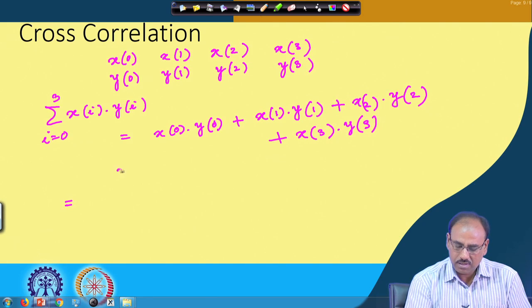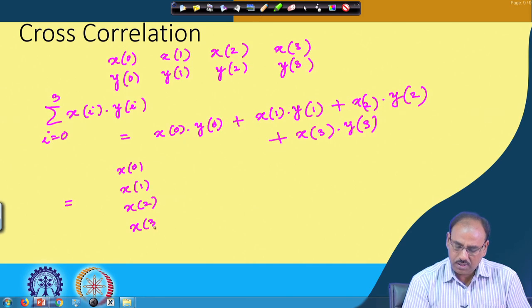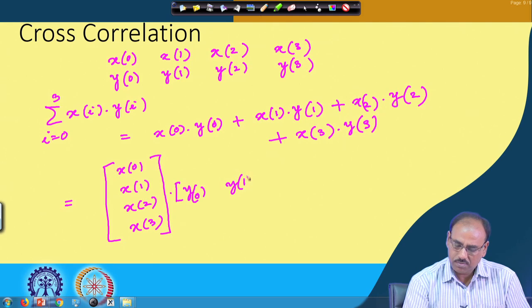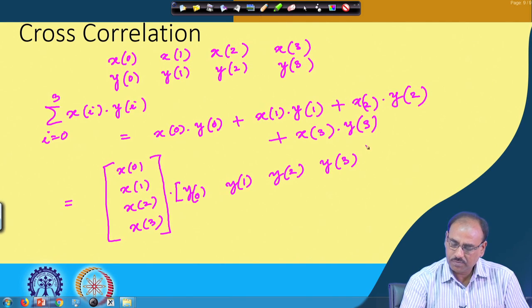This is x0, x1, x2, x3, in the form of a vector representation, times y0, y1, y2, y3.